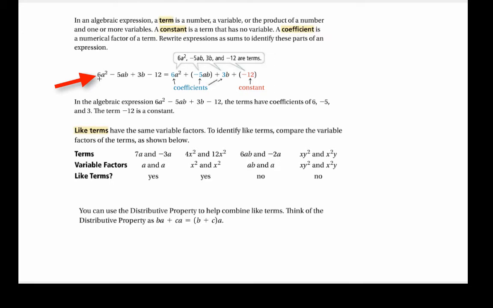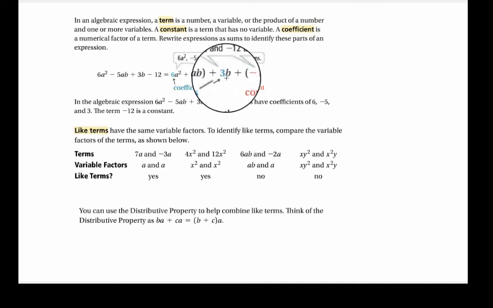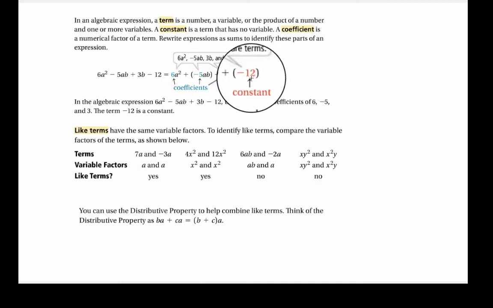So here we have an expression 6a squared minus 5ab plus 3b minus 12. The first thing to see is what we did here: this is equivalent to 6a squared plus negative 5ab plus 3b plus negative 12. And then from there, we can identify the terms: 6a squared, negative 5ab, 3b, and negative 12. Those are the terms, because we have sums, plus, plus, plus.